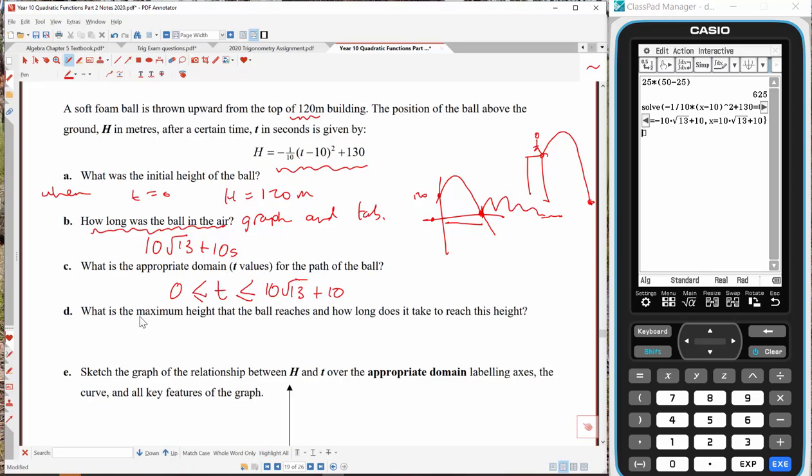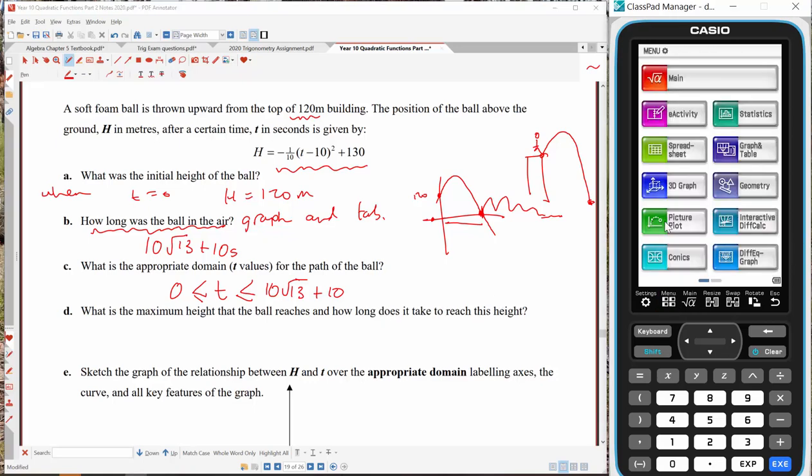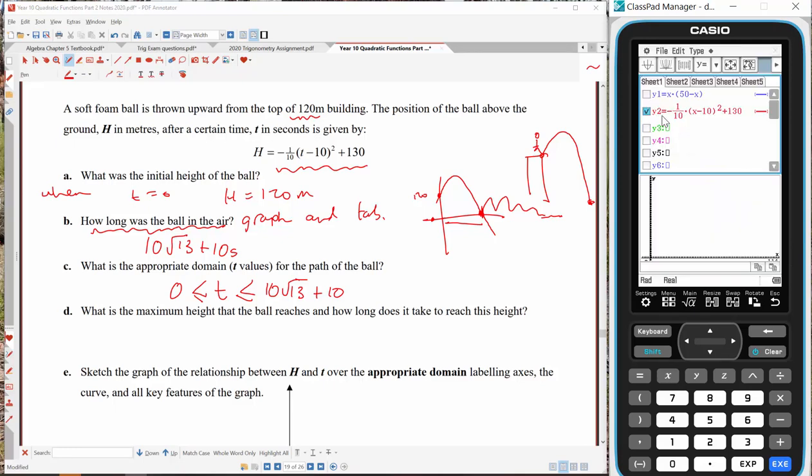What is the maximum height that the ball reaches, and how long does it take to reach this height? For this one, we're going to go back into graph and table, regraph the function, and ask analysis, gsolve, and max. We're going to get it to tell us the maximum value. So the maximum height is 130.